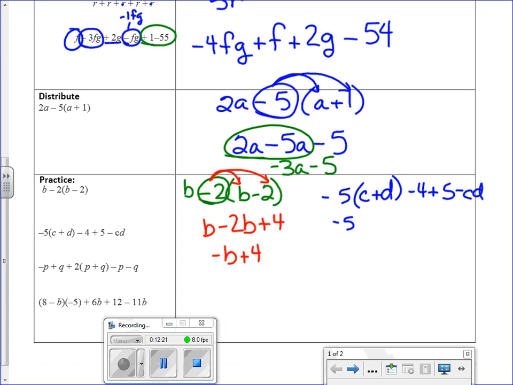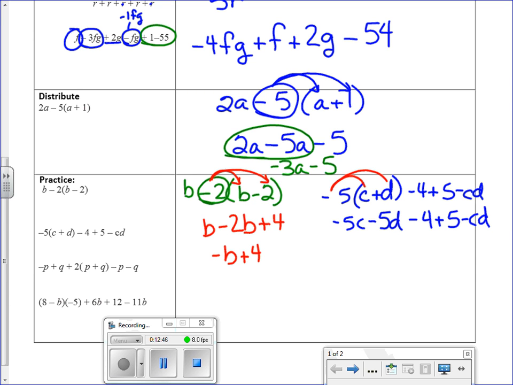Negative 5C plus, minus 5D. So again, I distributed negative 5 to C and negative 5 to D. And then I just rewrite minus 4 plus 5 minus CD.